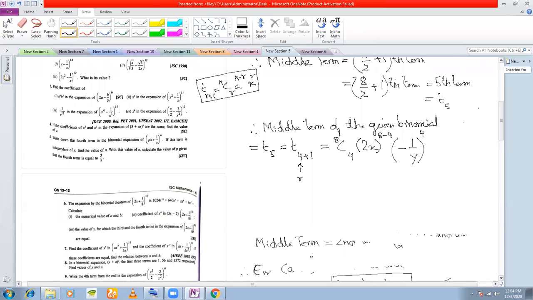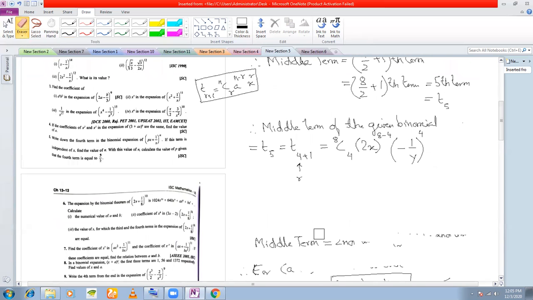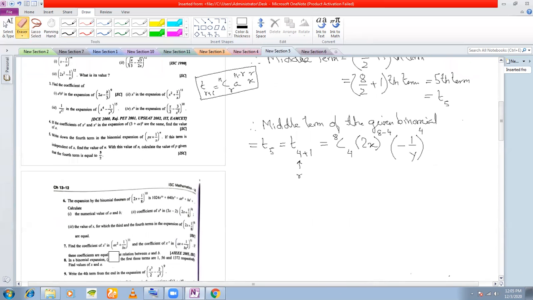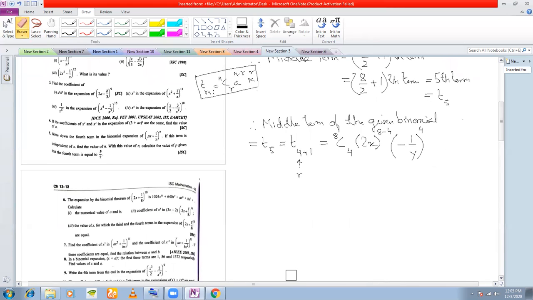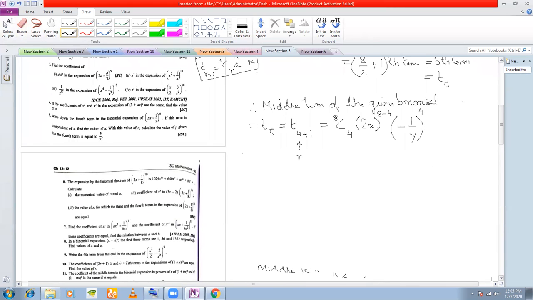Now let us simplify this to actually find out what the middle term is. So 8C4 from the formula is 8 into 7 into 6 into 5 divided by factorial 4, into (2x) to the power of 4.